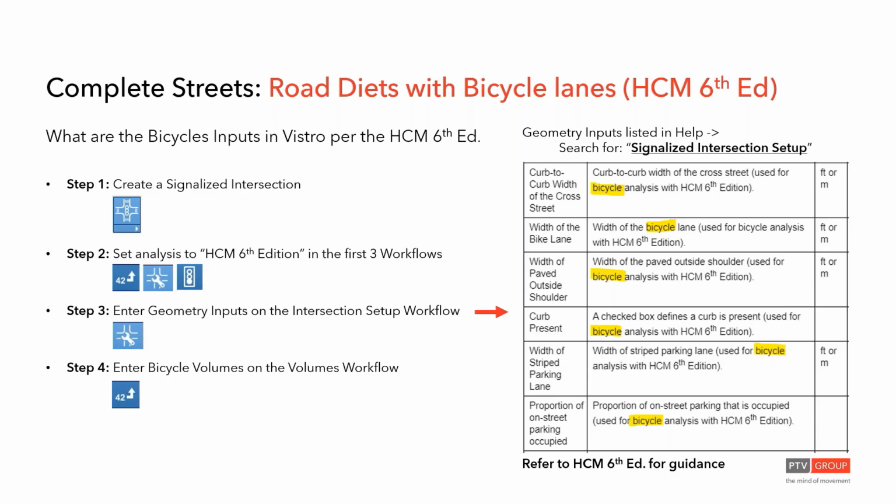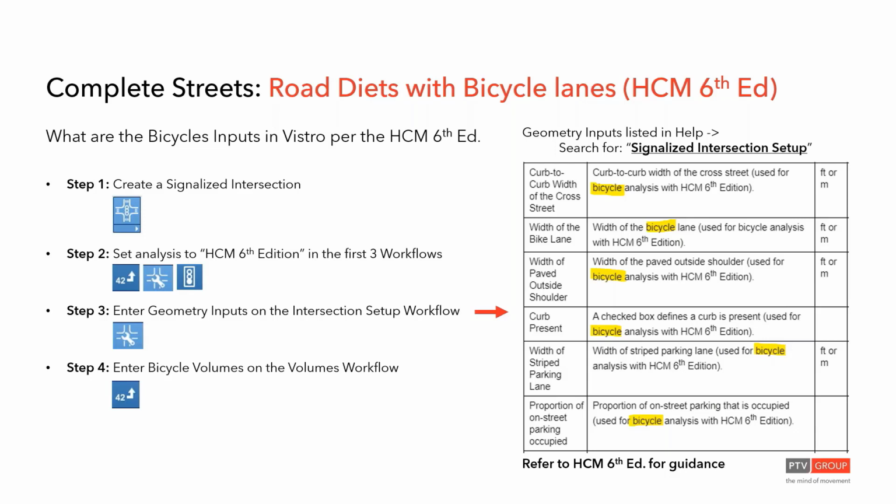So you do have to have a signalized intersection, and then you have to make sure that you set the signalized intersection to the HCM 6th edition analysis type, which you can access in all 3 of those first workflows that you have. And then step 3, you would enter the geometry inputs in the intersection setup workflow.